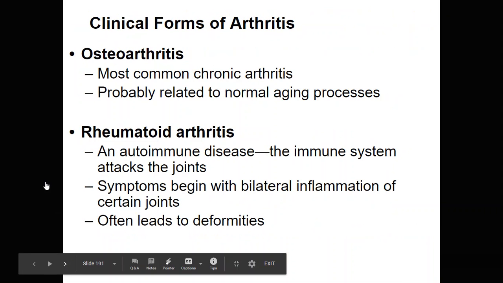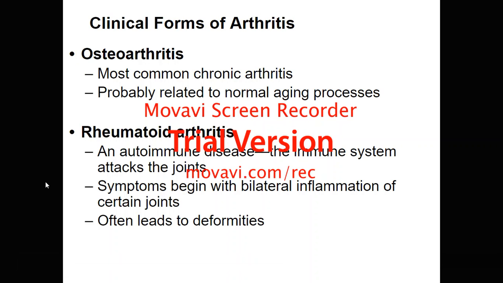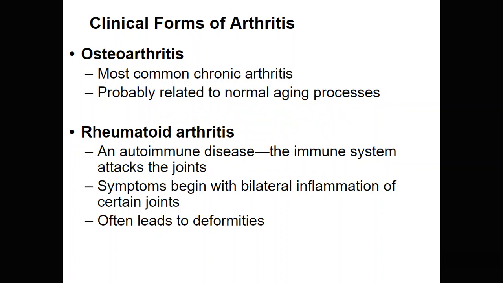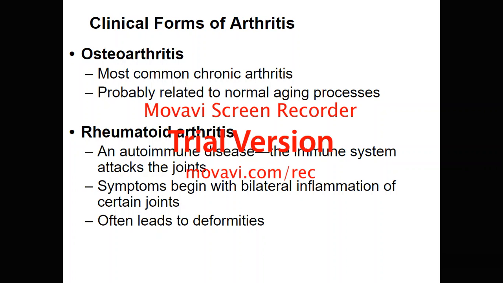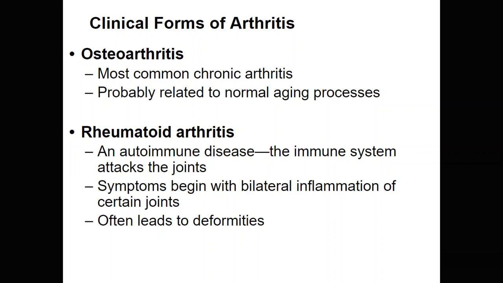All right, osteoarthritis, we already mentioned this. This is the most common chronic arthritis. It's probably related to normal aging. Remember, in your joints you have your articular cartilage, which covers the ends of your bones in your joints, and your articular cartilage is hyaline cartilage. Over time, from wear and tear, you end up with more of that hyaline cartilage being worn away than being repaired and deposited.